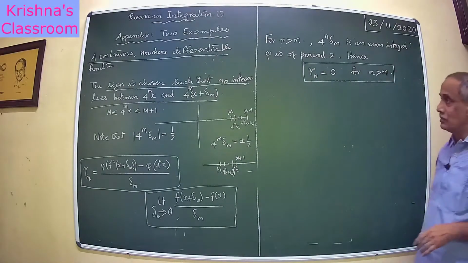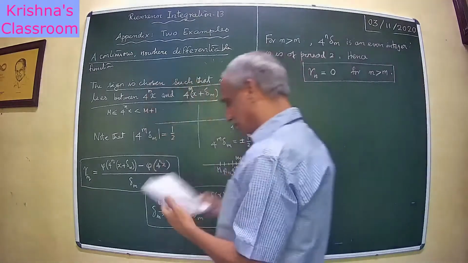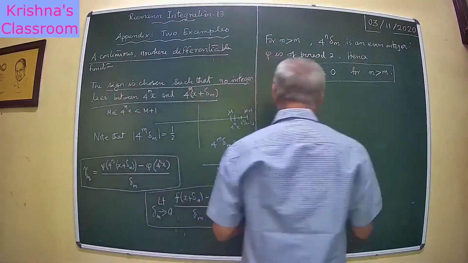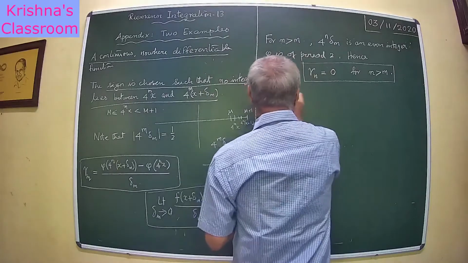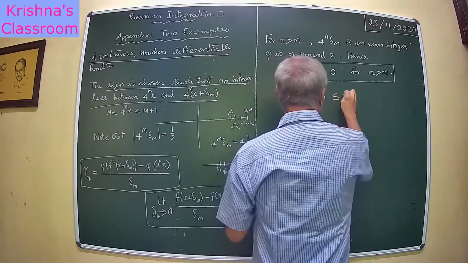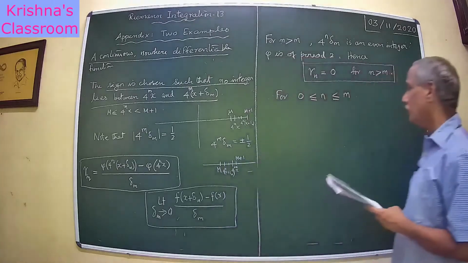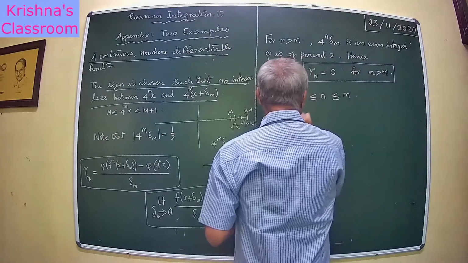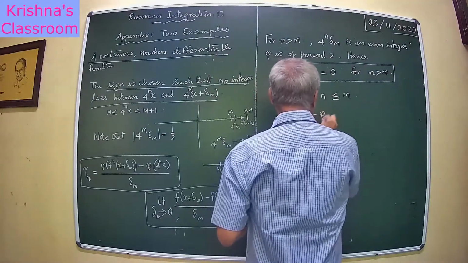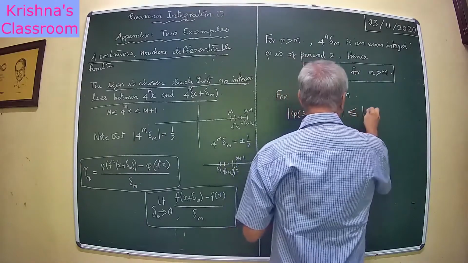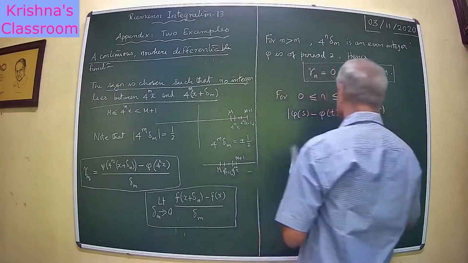Okay. Now you see it has all to do with this infinite series in managing it. Now for 0 less than or equal to n less than or equal to m, we are trying to work out components. What you have is that phi s minus phi t is less than or equal to cos s.